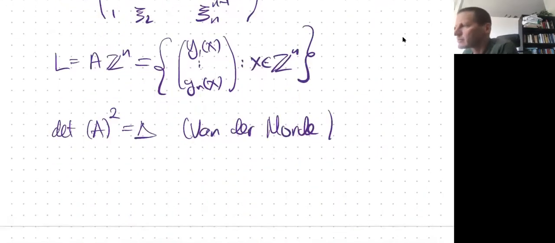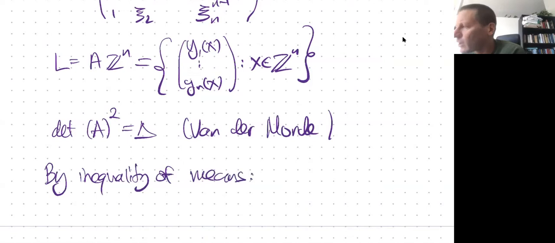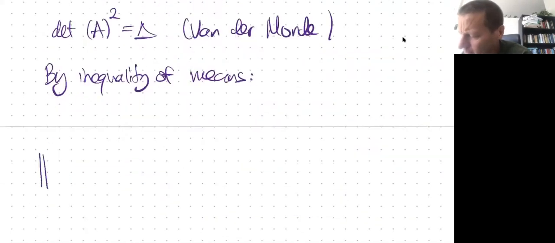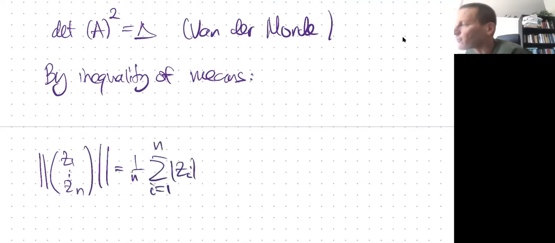Let's remember the inequality of means. The inequality of means says that this norm, which is just the arithmetic average of the absolute values, is bounded from below by the geometric average.